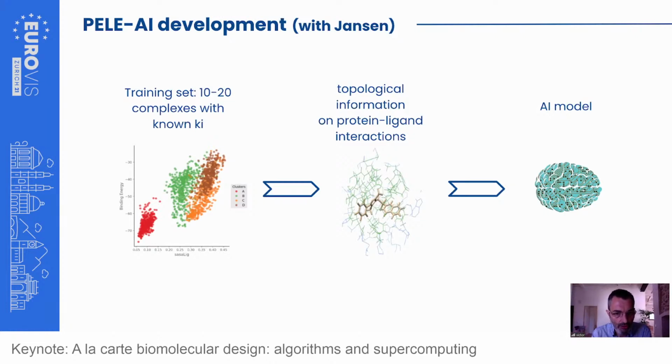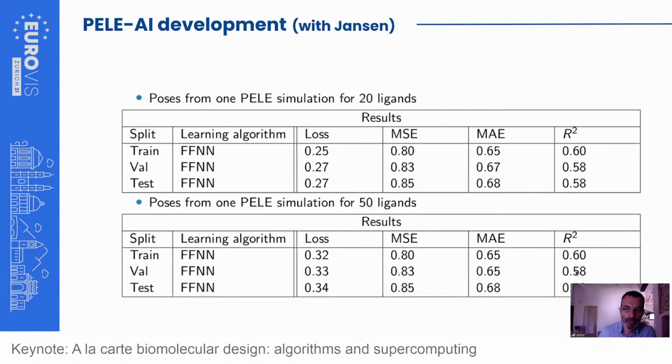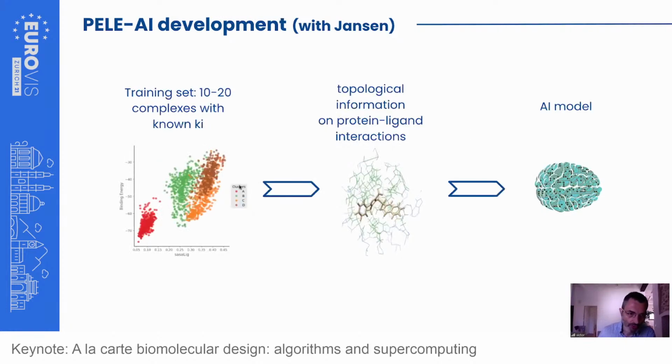So this is done in a target-specific fashion: one target, one set of known inhibitors, one set of simulations for these known inhibitors, and specific training for this target. And those are the numbers we're getting so far. Just 2 months ago, the correlation, the R2, was in the 0.2 range. Now we go to 0.6, which means we are improving a lot, but we are still looking for the best clusterization. Maybe not always are the simulations as good as here.